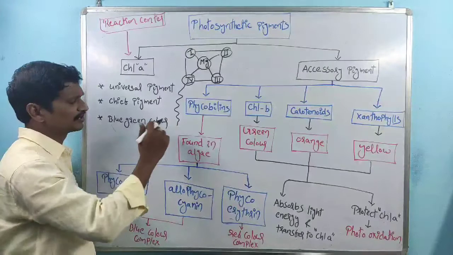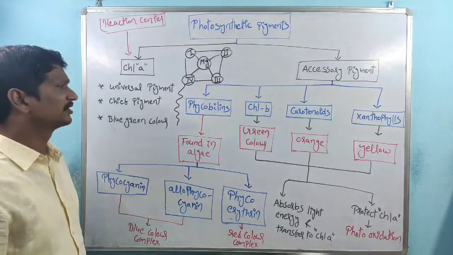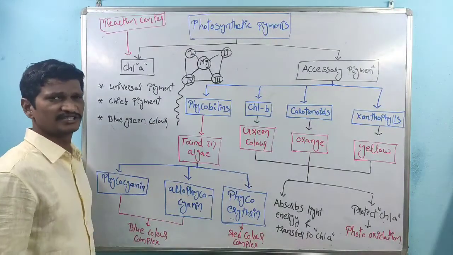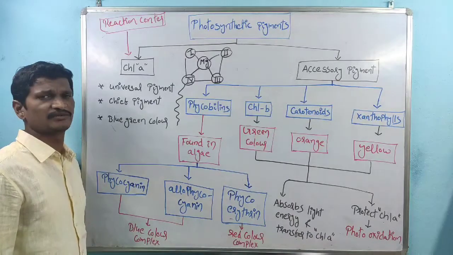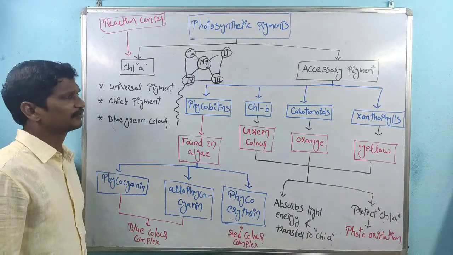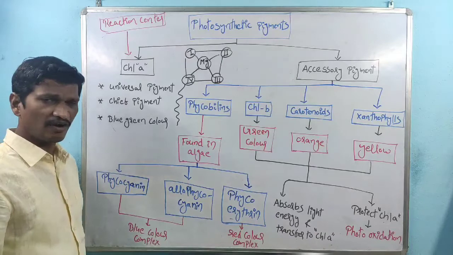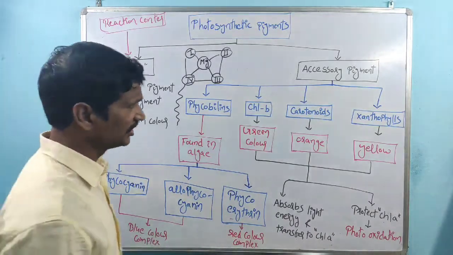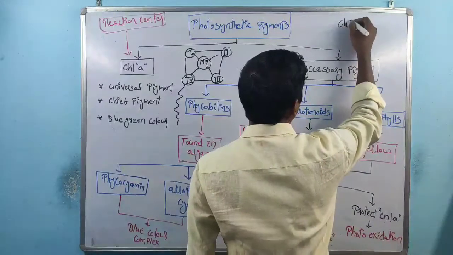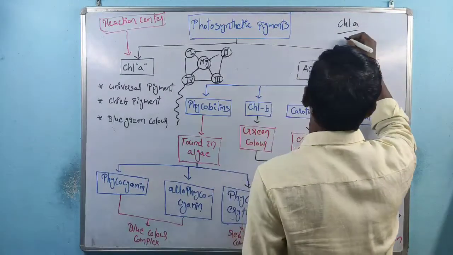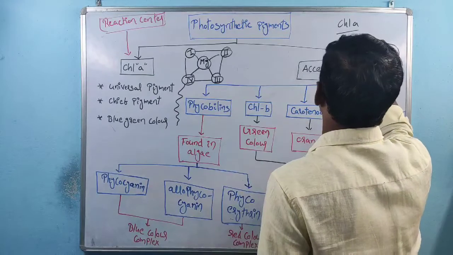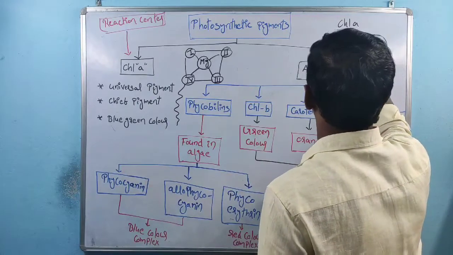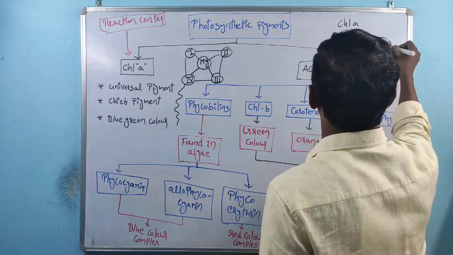There is a tail part, and the tail part is quite different. This is called the phytol side chain part, and it is quite different from the remaining components. Chlorophyll A has one kind of phytol side chain, chlorophyll B has another, chlorophyll C another, and chlorophyll D another.